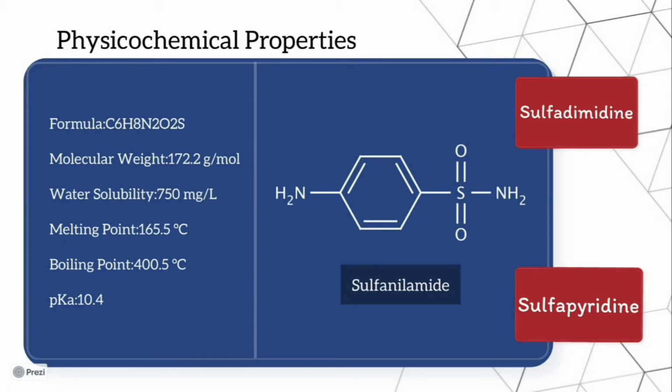For example, sulfanilamide has a water solubility of 750 mg per liter, which means that this compound is fairly water soluble. Also, it has a melting point of 165 Celsius and a boiling point of 400 Celsius. However, it may be degraded before it reaches its boiling point. Also, due to the protonated amino group, this compound has a pKa of 10.